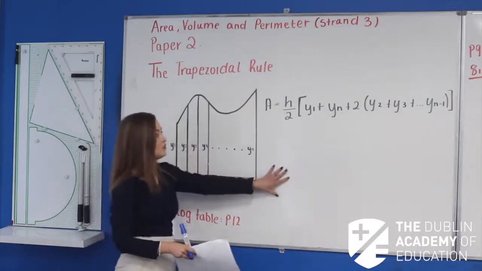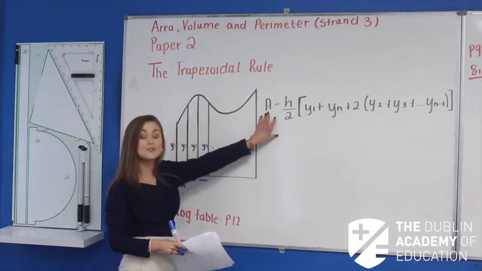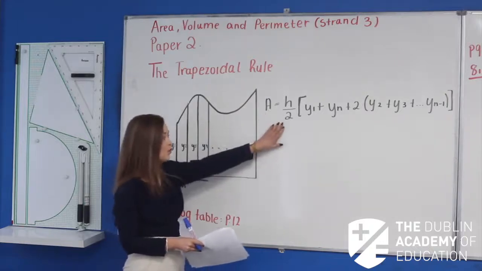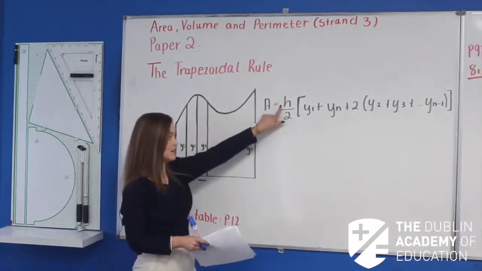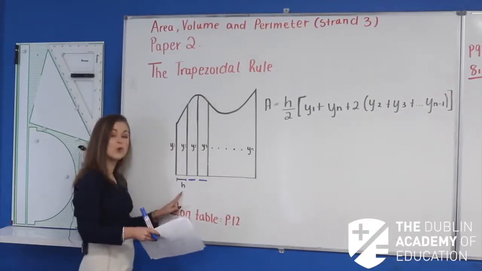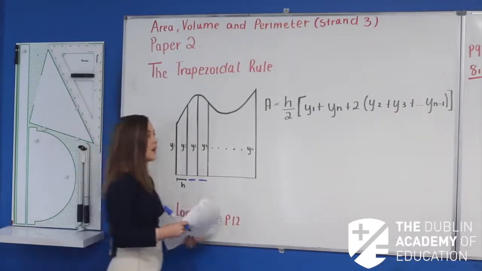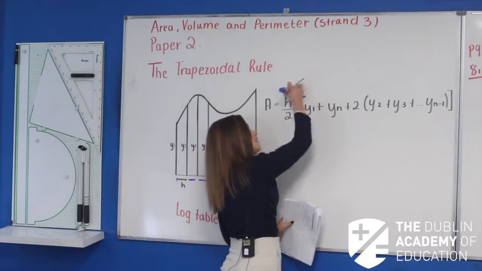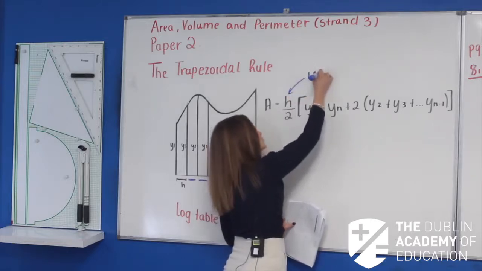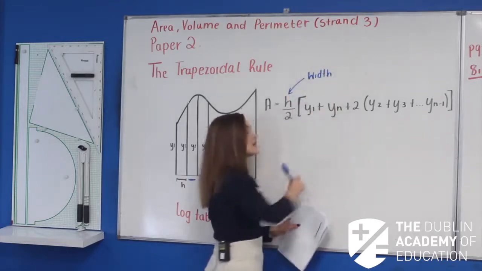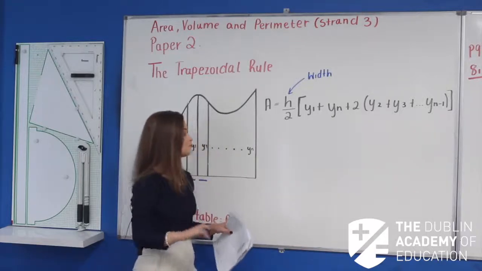Now, we'll have a look at the formula here. A stands for the area. h is going to be our width here, okay? So h is your width, and remember, it's a common width throughout.